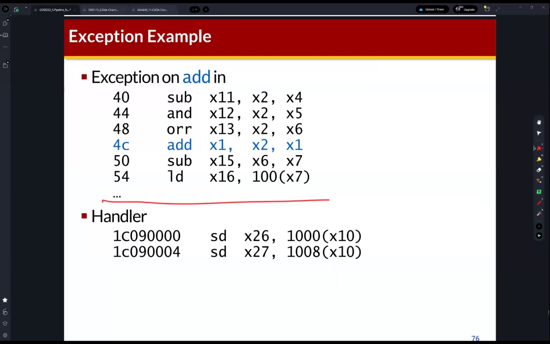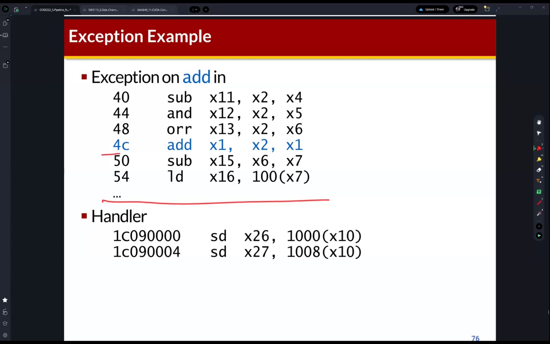Okay. So when an instruction causes an exception, then this instruction is cancelled, and then following instructions are also cancelled. But the previous instructions need to complete their operation. So let's see the example. Okay, we have only 3 minutes.